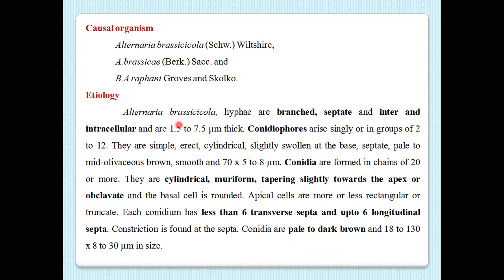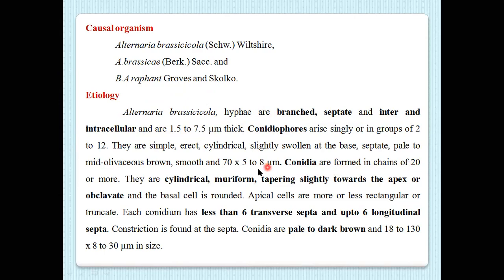These pathogens, Alternaria brassicae, Alternaria brassicicola, and Alternaria raphani, develop hyphae, which are branched and grow inter and intracellularly. The hyphae and mycelia develop conidiophores. At the tip of the conidiophore, conidia are produced in chain patterns.